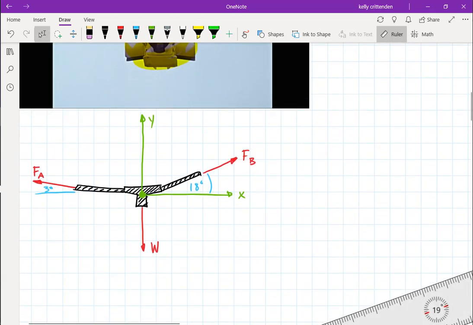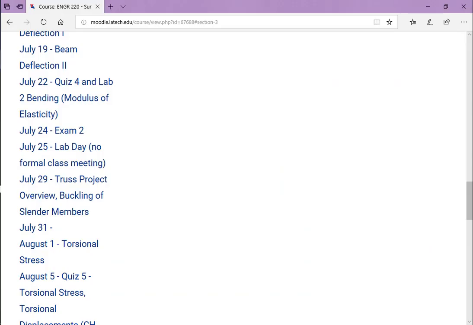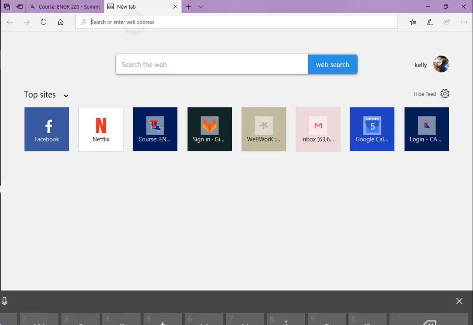I don't know how much a traffic light weighs, so we can either just guess, or we could go and try to figure it out. Let's see if there's any info out there on how much a traffic light weighs.